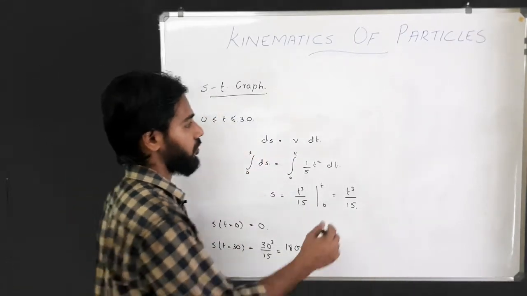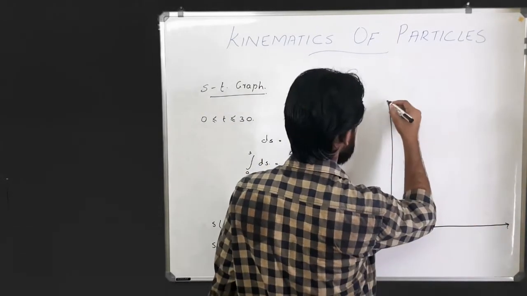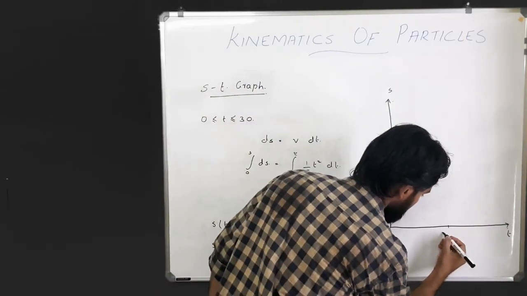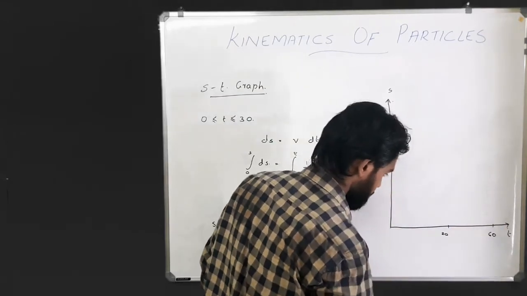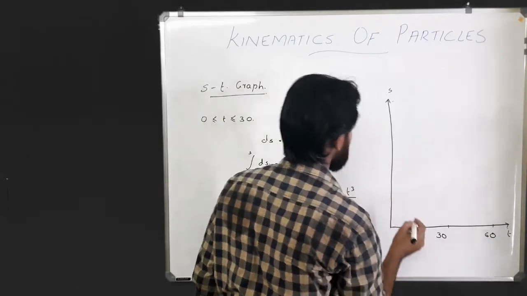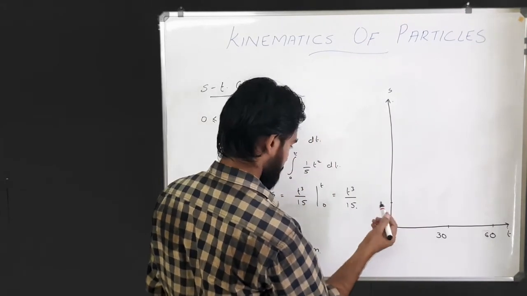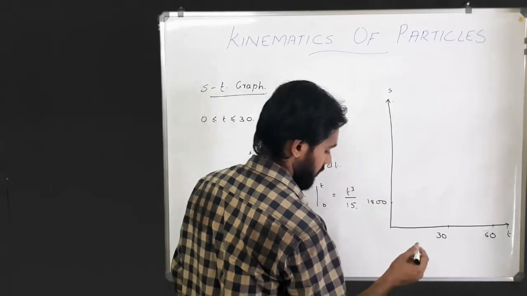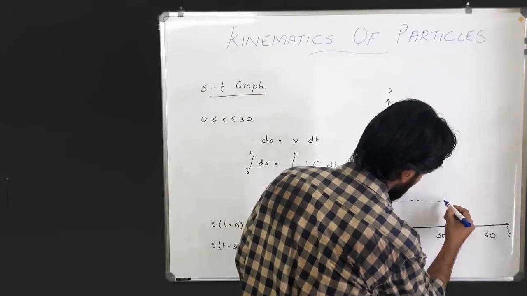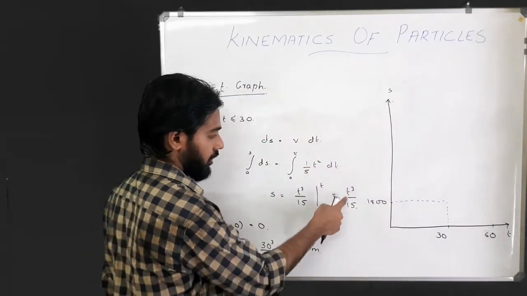So if I plot the graph, now here it is again t cube by 15.